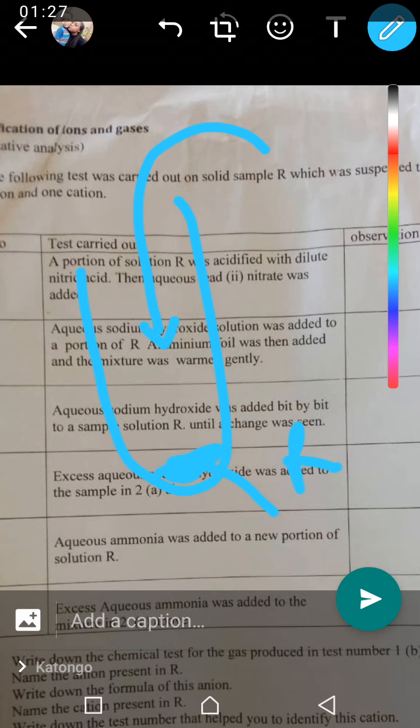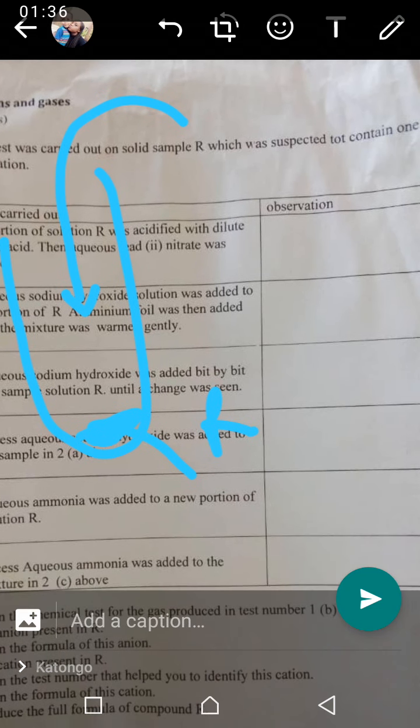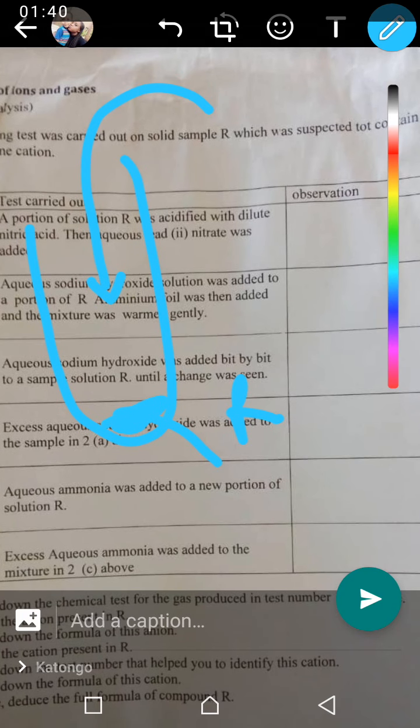And then when you pour the acid, you record from the observation here. If you see any color changes, you write here. If maybe it has become blue, you write it has become blue. If it has become green, you write it has become green. Whatever happens when you pour the acid, you record.